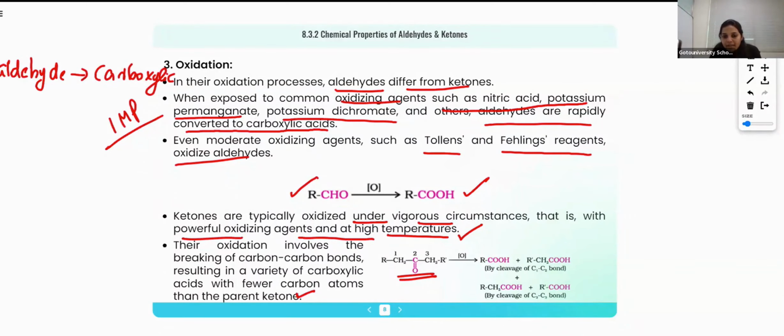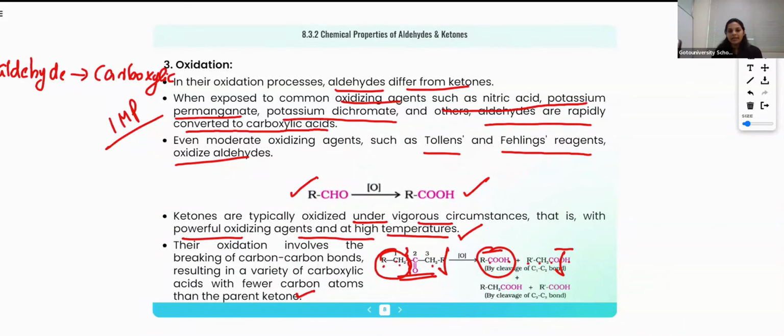C1, C2, this is the first carbon, this is the second carbon. This bond is breaking, and one group converts into an acid group and the other also converts into another acid group. So you will get R CH2 COOH, and this R dash CH2 CO group is converting into R dash CH2 COOH. This is converting into this one and this is converting into this one.